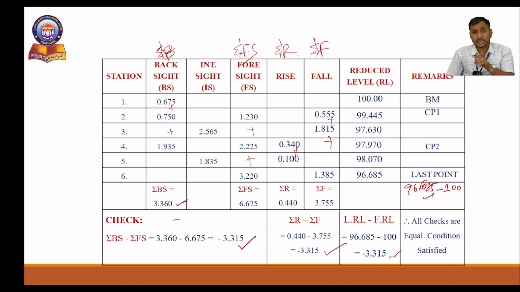Why did we get the entire problem correct? Because of the way we took the readings, and the way we placed them in the tabular column, at what station for the backsight, the foresight, and the intermediate sight. The main thing is that we provide the backsight, intermediate sight and foresight values in the tabular column and apply those values. Then we do the correct calculation. Then the checks should be equal. When all the checks are equal, the condition is satisfied.